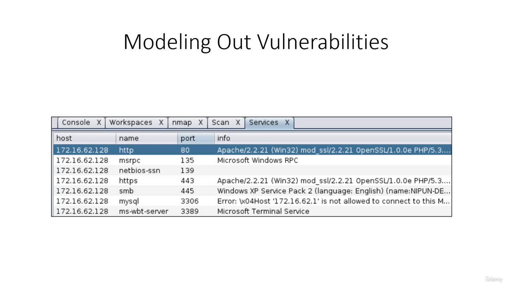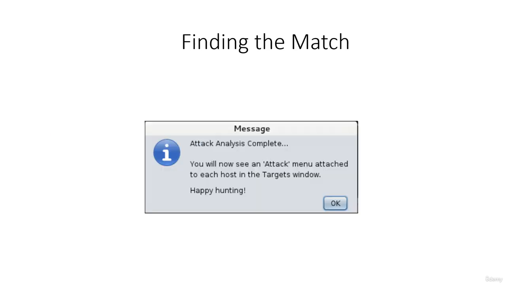So let's target all of those services by instructing Armitage to find the matching exploits for these services. We can find the matching exploits for a target by selecting a host, then browsing to the Attacks tab and clicking Find Attacks. The Find Attacks option will match the exploit database against the services that are running on the target host.